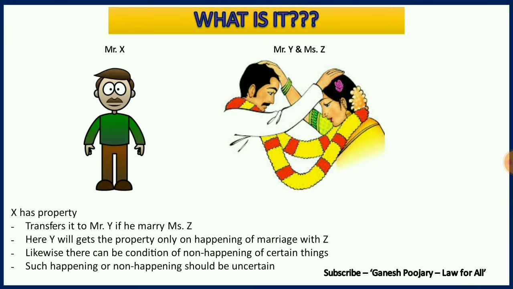On happening of the marriage, Mr. Y will get the property from Mr. X. Now if the marriage between Mr. Y and Miss Z doesn't happen, then there is no transfer of property because the entire transfer of property is based on the condition of getting married. So if there is any transfer of property which is conditioned on the happening or not happening of a certain thing, then that is known as contingent interest.